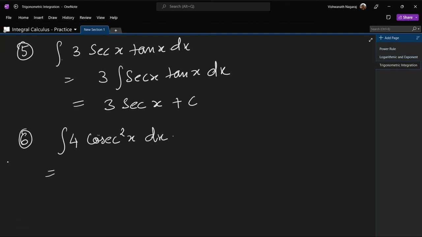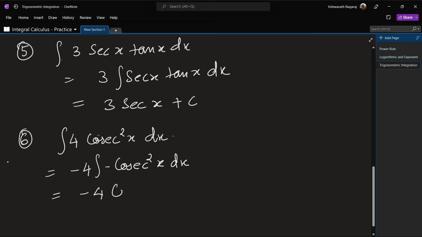Now, we know that the derivative of cot x is minus cosec square x. Right? So what we'll do is 4 we will take it out and we'll make this cosec square x dx. And here also we'll put a minus, so that minus minus becomes plus. So now we have minus 4 cot x plus c.